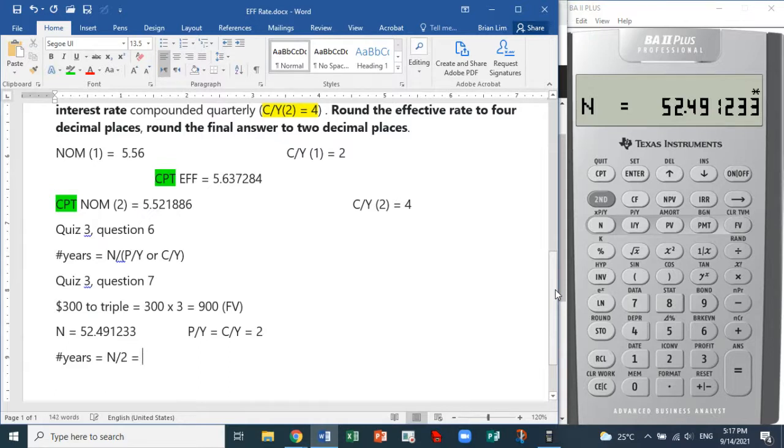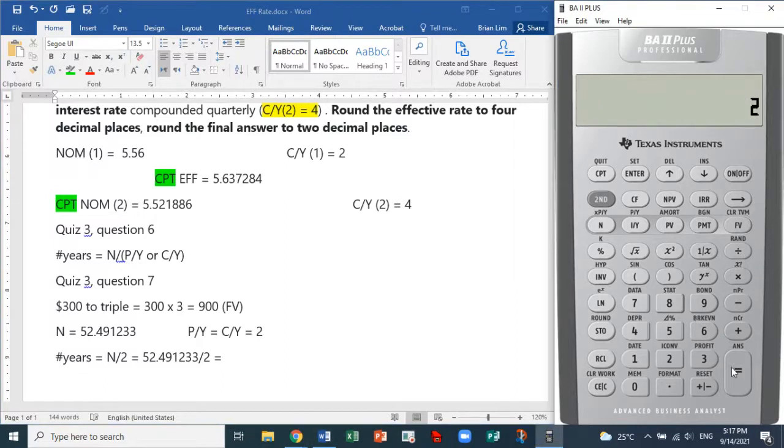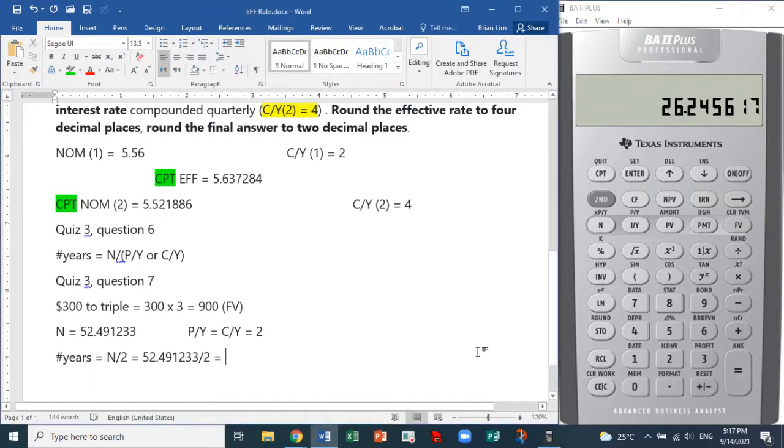So that would be equal to 52.49123 divided by 2, and we get 26.2456.